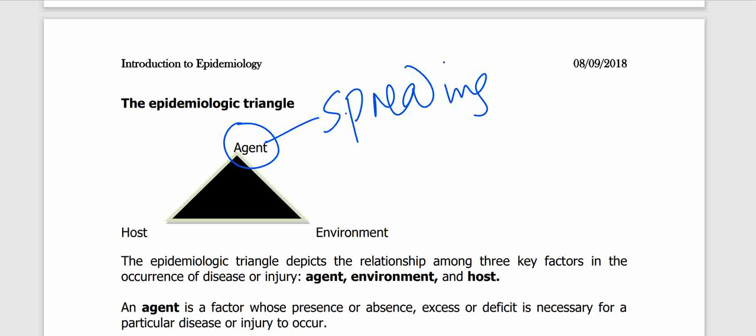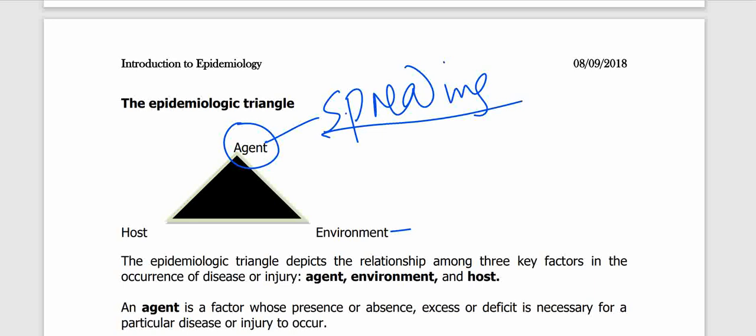of that disease. And then the environment. So, for example, if the virus or the bacteria must maybe live in a plant in a developing process.